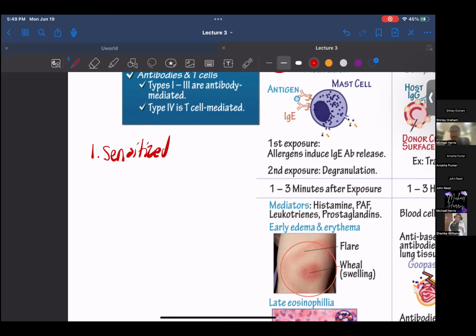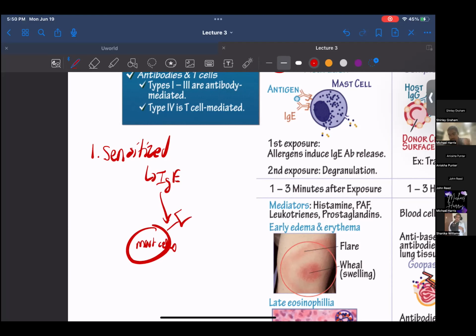Now, what sensitized means is your body produced IgE, which then bound to the mast cells. So you are essentially sensitized now to this antigen, pollen, whatever.